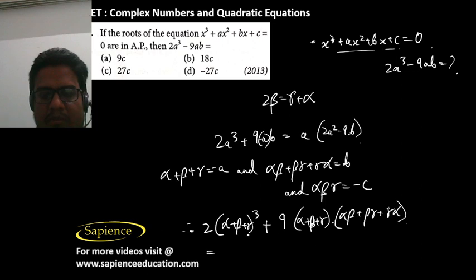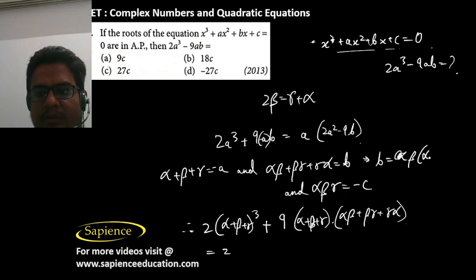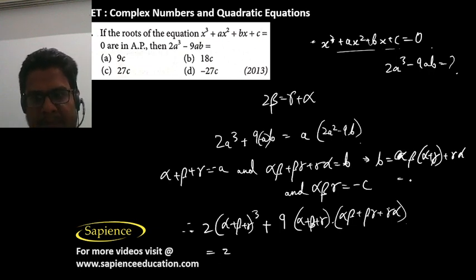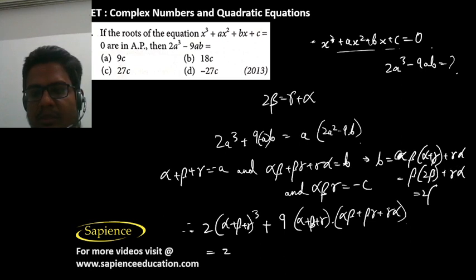Now from here also we can write b is equal to alpha beta plus beta gamma plus gamma alpha, means beta into alpha plus gamma plus alpha gamma. So beta into 2 beta plus gamma alpha, that is 2 beta square plus gamma alpha.